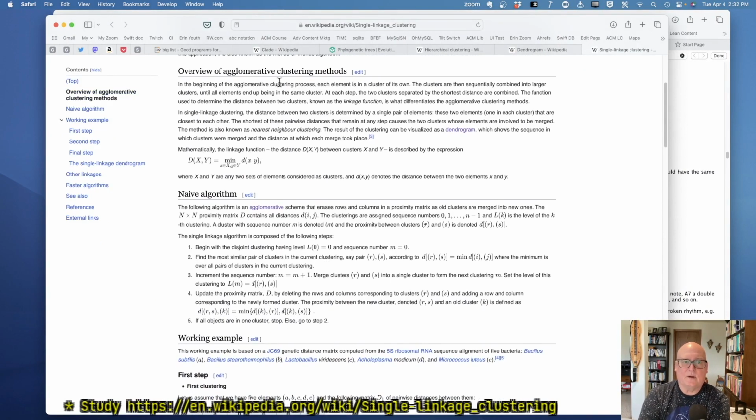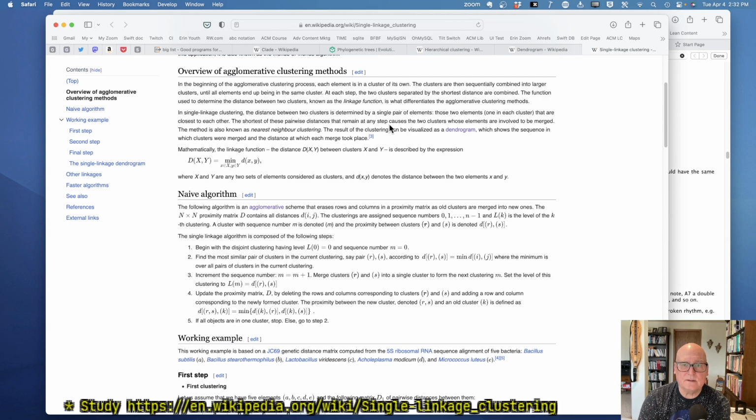Okay, so we start off, each element is in a cluster of its own, and then we combine them into larger clusters. At each step, the two clusters separated by the shortest distance are combined. So there's a linkage function, so we'll need a linkage function. In single linkage, it's determined by a pair of elements, the closest two in each cluster.